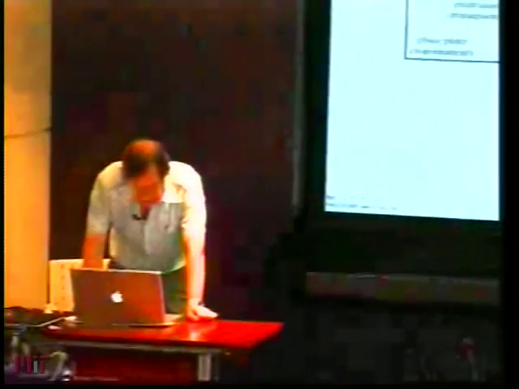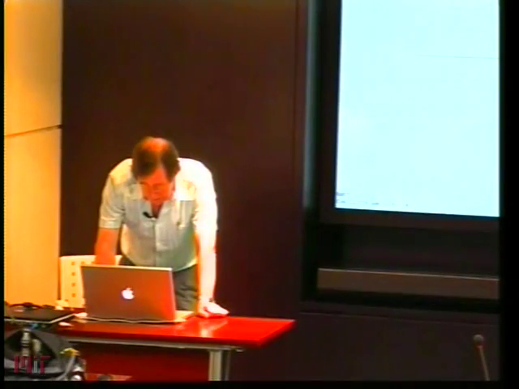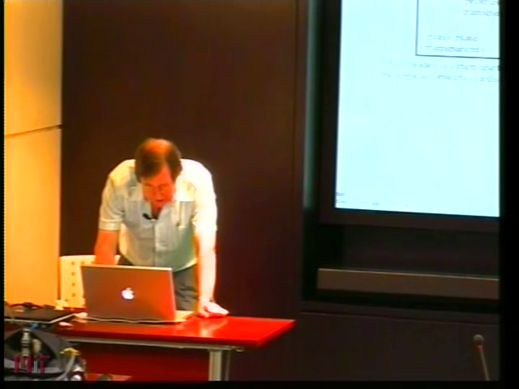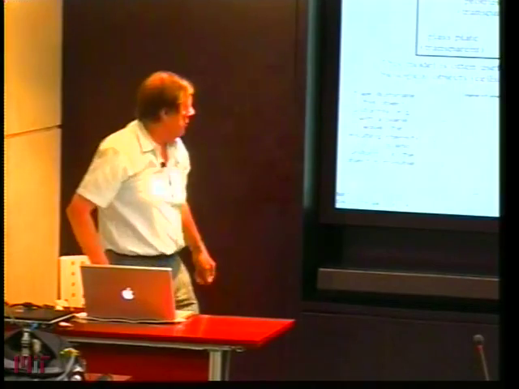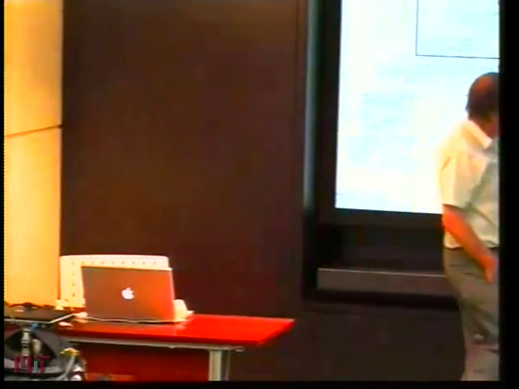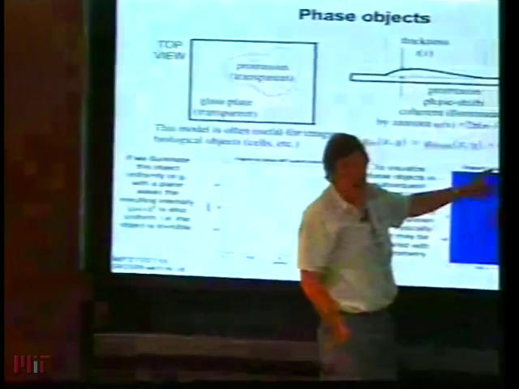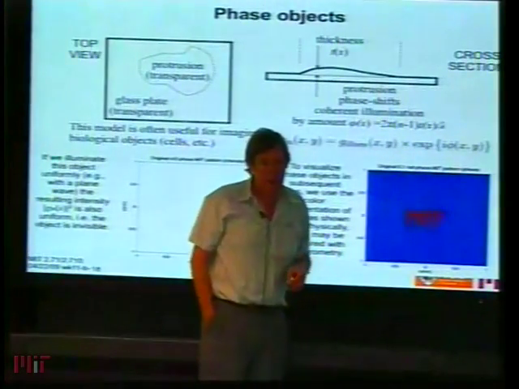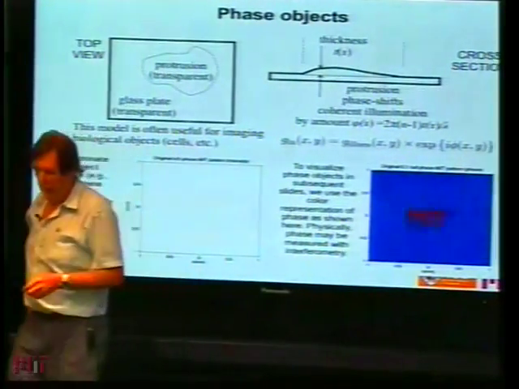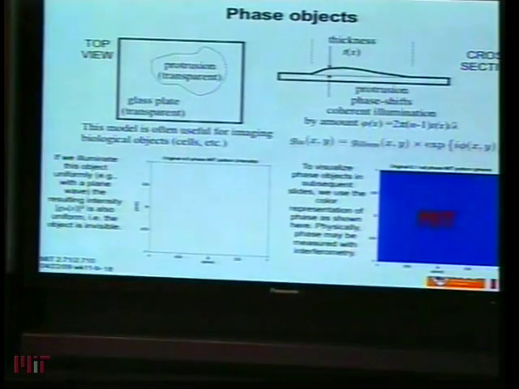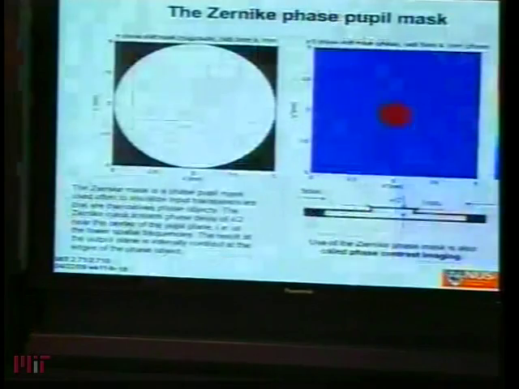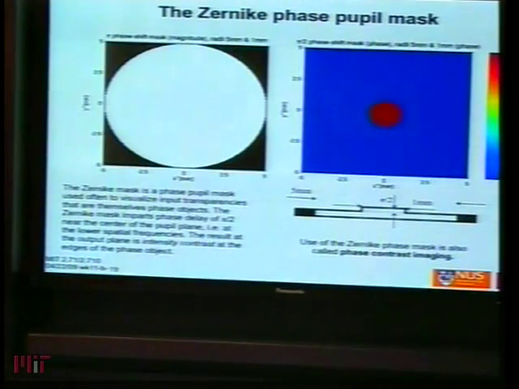The phase change of the object is 0.1 of a radian, so 0.1 of a radian we're taking as being small. So red here represents 0.1 of a radian. Red there doesn't represent 0.1 of a radian.